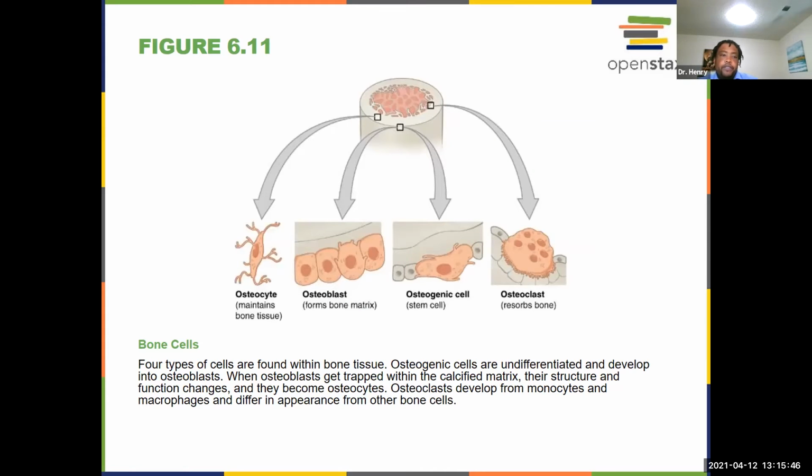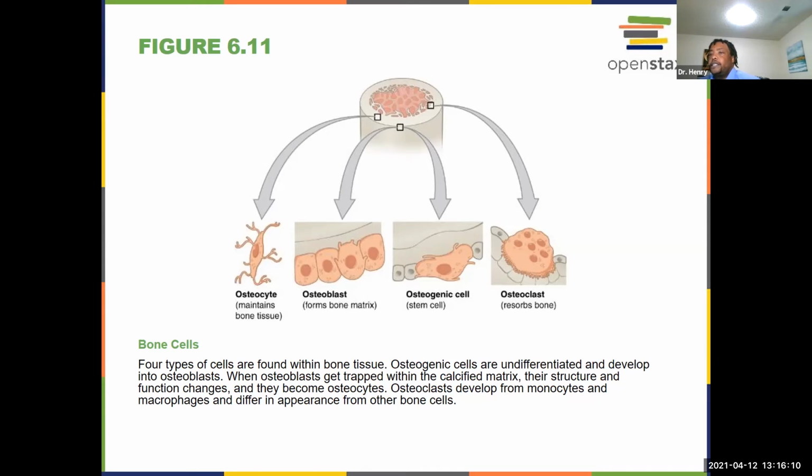Okay, so this is a cross section of a bone, and these are all of the bone cells. There are 4 bone cells in bone tissue. We have the osteocytes, the osteoblasts, the osteogenic cells, and the osteoclasts.